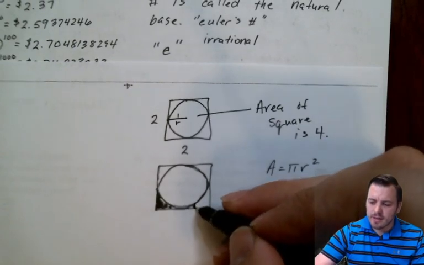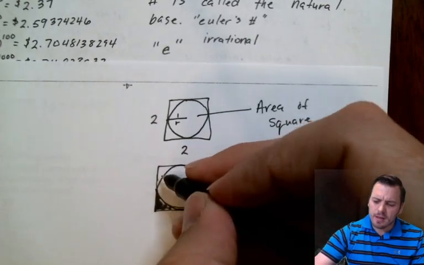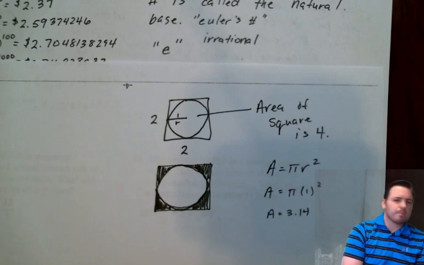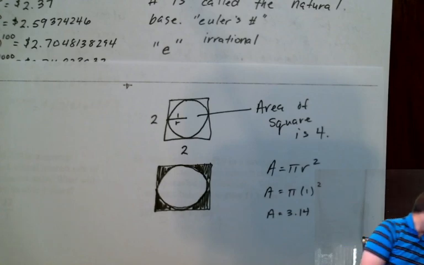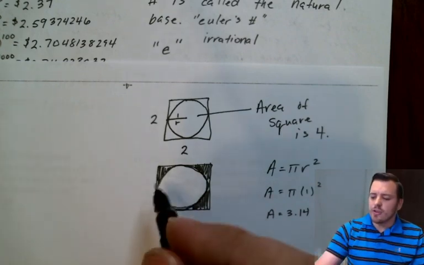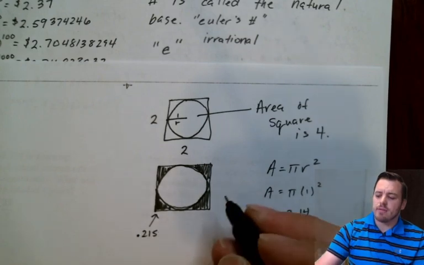This area, this area, this area, and this area. Now, each one of those areas has a value of about 0.215.